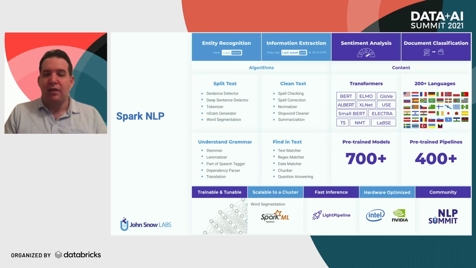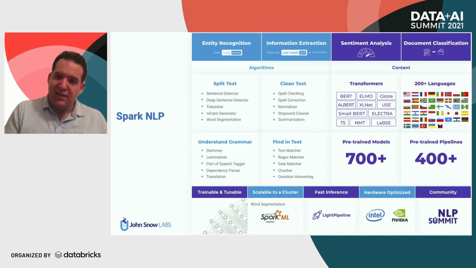So you get tokenization, lemmatization, stemming, part-of-speech tagging, dependency parsing, normalization, data extraction, sentiment analysis. On top of which, you get the more sophisticated deep learning models. So state-of-the-art named entity recognition, information extraction, document classification, emotion analysis, and we'll see some examples of that down the road.